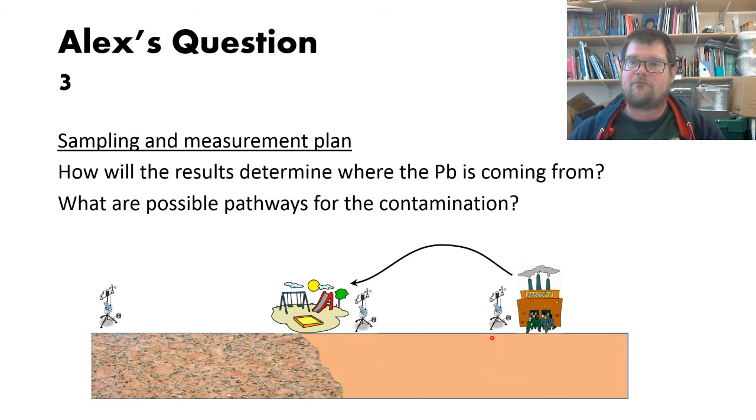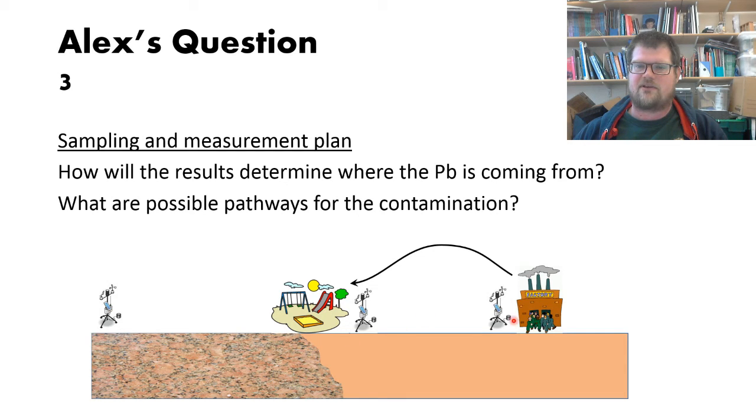You could have had a slightly better sampling strategy if you also sampled in a distal location far away from the factory, to test the hypothesis that the lead is a regional input from factories all around the world putting lead into the atmosphere, which then rains out.